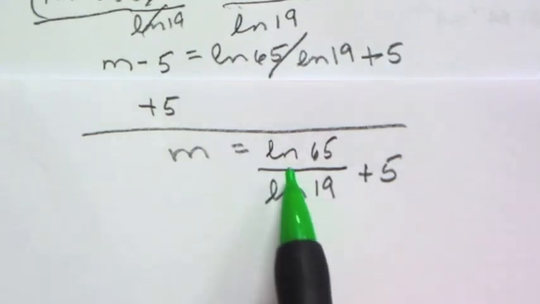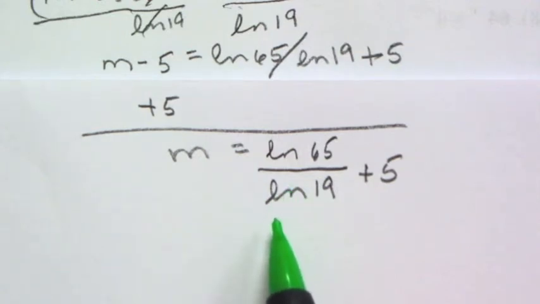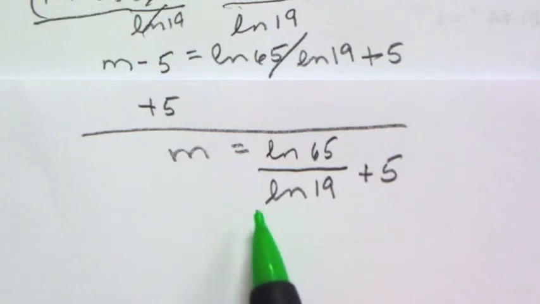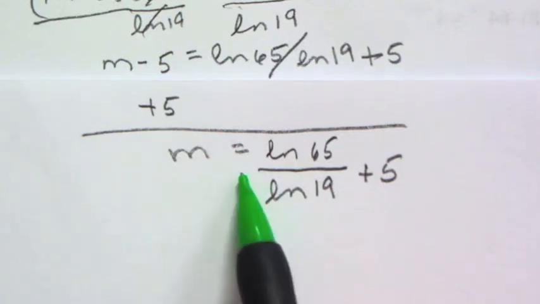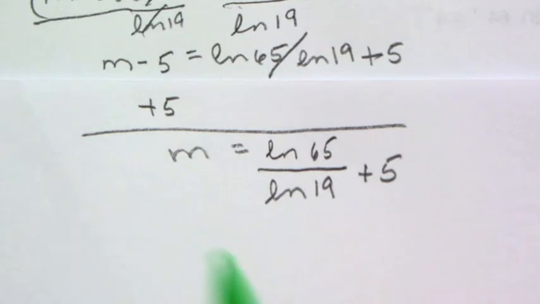Because when you take the natural log of something, the calculator is going to round it off. It'll be a decimal. So if they ask for an exact answer, this is the way to leave it. But that's not the way we're going to leave it. We're going to actually put it in our calculator and finish it out. So I have m is equal to the natural log of 65 divided by the natural log of 19 plus 5.